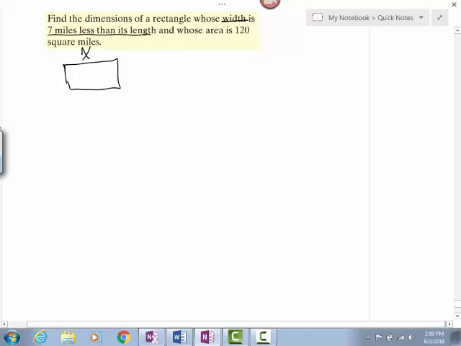So why don't we call x the length? The width would be x minus 7. It also tells me that the area is 120. Well, if you remember, the area of a rectangle is the length times the width. So I'm going to take x times x minus 7, and the area should give us 120.